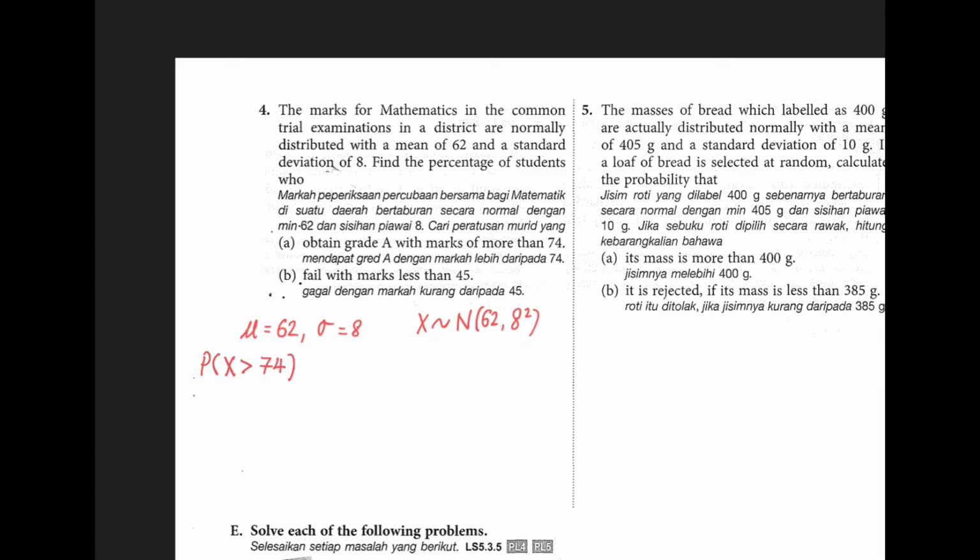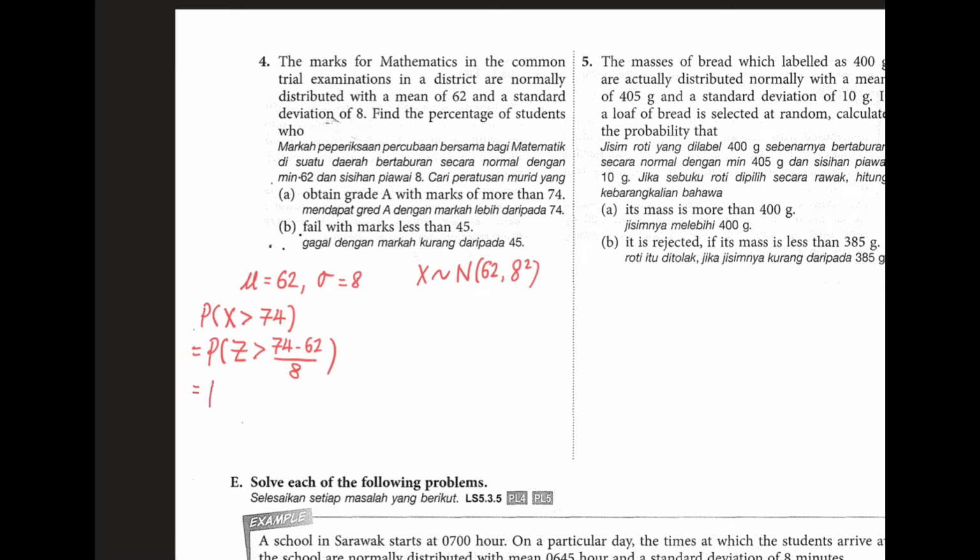So we have to change it to z-score first before we can use the table. We change it like this: P Z more than 74 minus 62 over 8, then P Z more than, 8 over 8 ends up with 1.